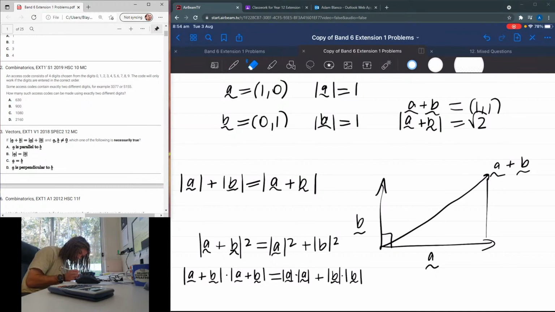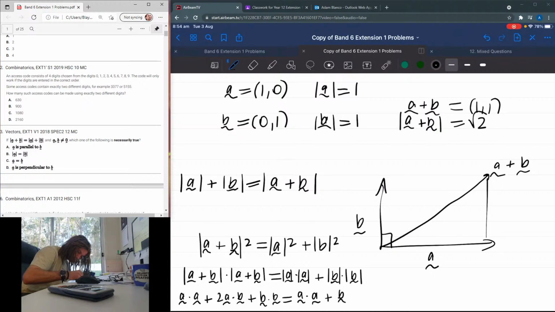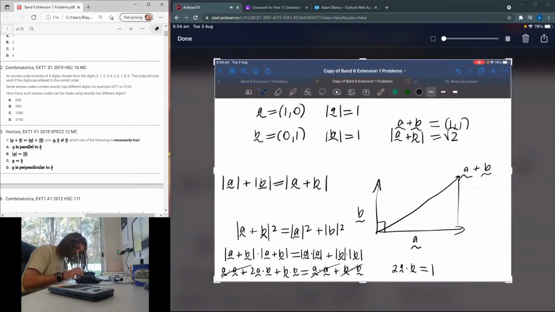I can't do that. Yeah, okay. Oh, I didn't mean to take a photo.